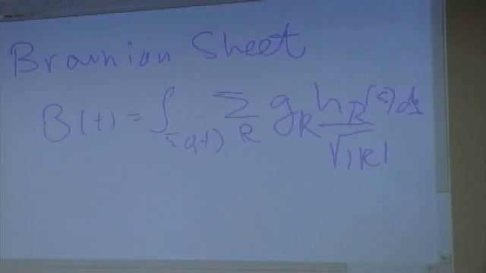So for the Brownian sheet, the question here is that the Brownian sheet is a continuous process like Brownian motion is. One can look at the L infinity norm of this on the unit cube.